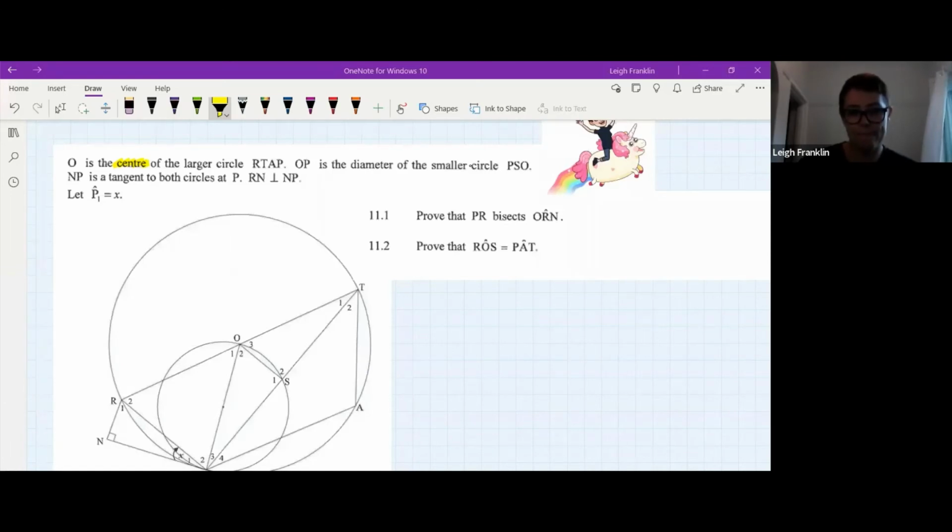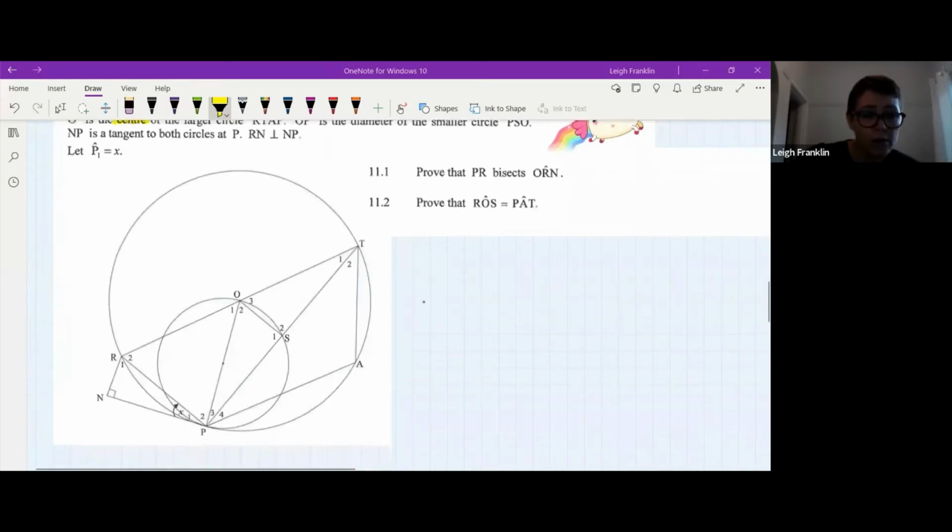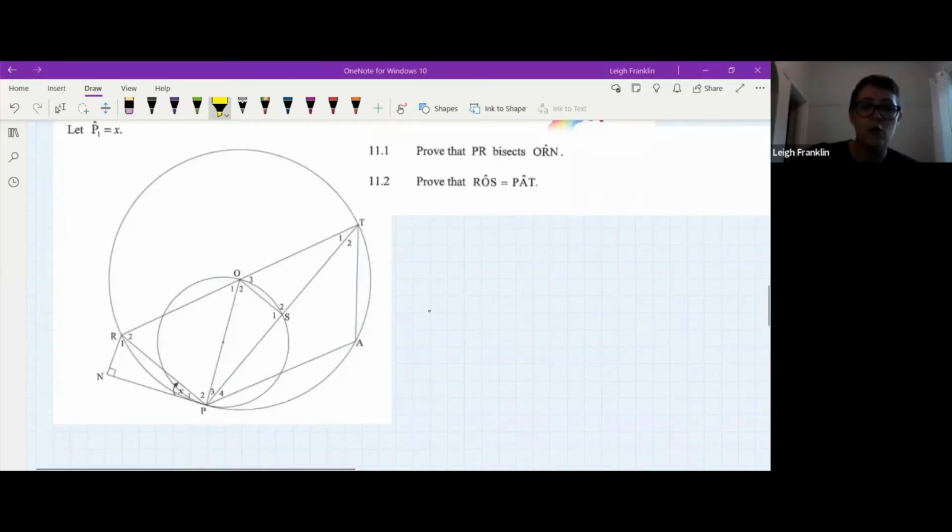Boitshepo? Ma'am, it's OR equals OP equals OT, radii. Yes, I agree with you. Absolutely. Quite right. You said OR, OP, and OT are all equal to one another. Absolutely. That could come in very important.